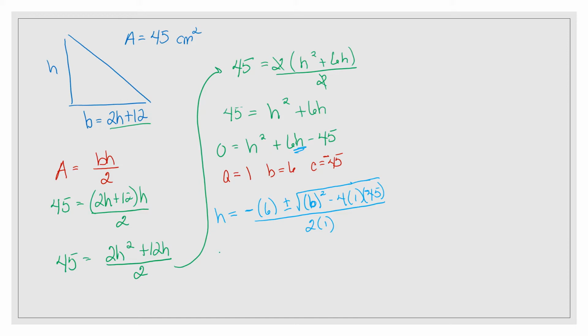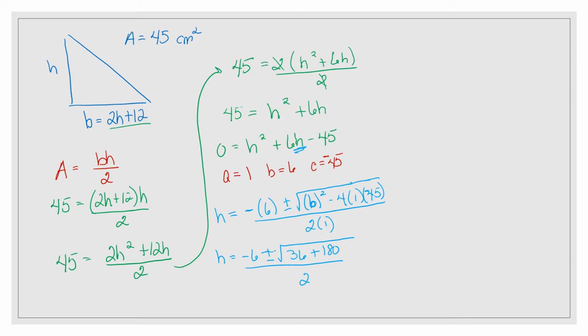Okay, so let's keep working on this. Let's keep simplifying it. H equals negative 6 plus or minus square root of, what's 6 squared? Good, 36. So I have a negative times another negative, right? Yep, that's going to give me positive. And 4 times 45. I'll wait. Good, 180. All over 2.